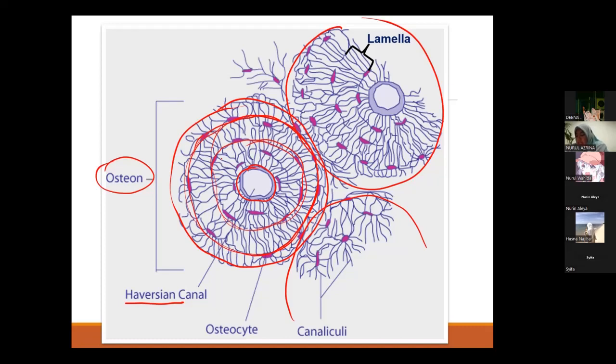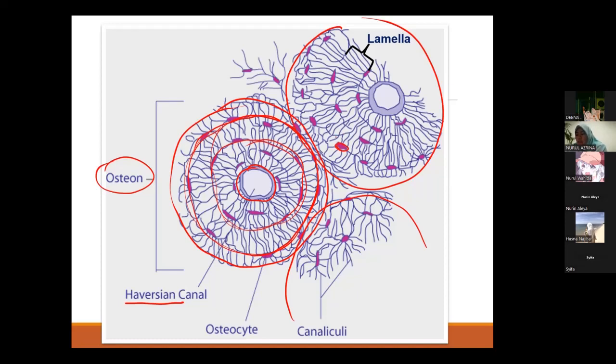You have osteocyte, the pinkish color in here, right, is osteocyte. One cell found in bone, despite osteoblast. So ada lagi sel yang lain namanya osteocyte.